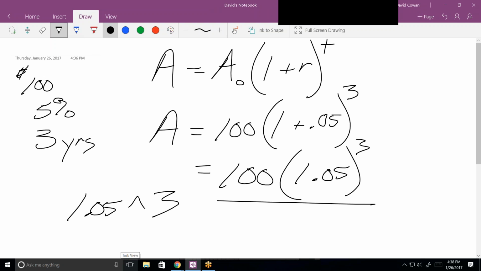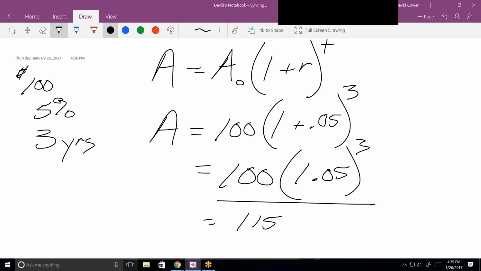Okay, so the final answer is what? 115.76. So your $100 at the end of 3 years would be worth $115.76 if they were paying you 5% compounded annually.